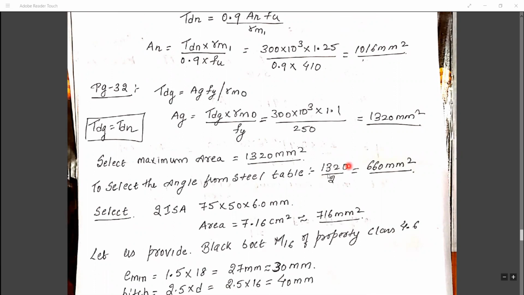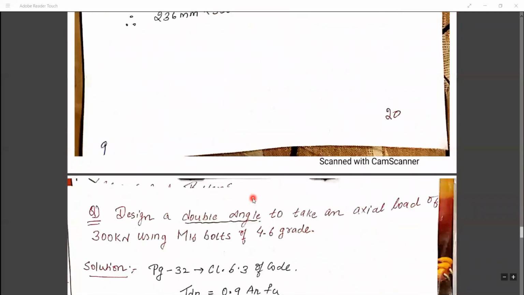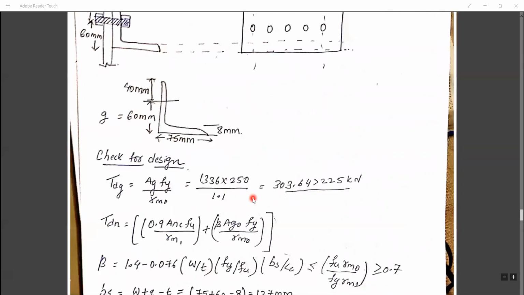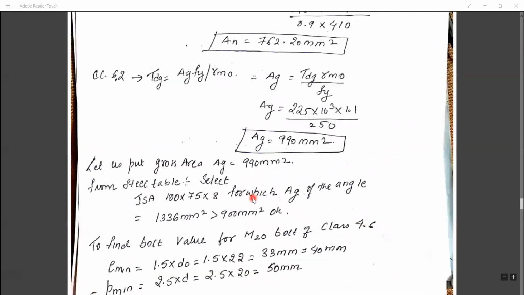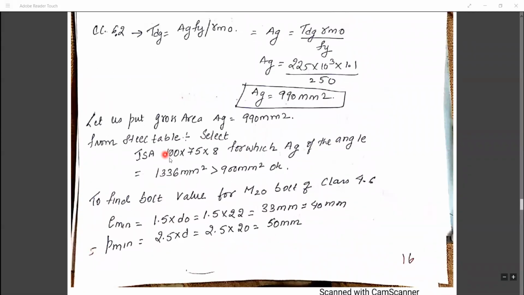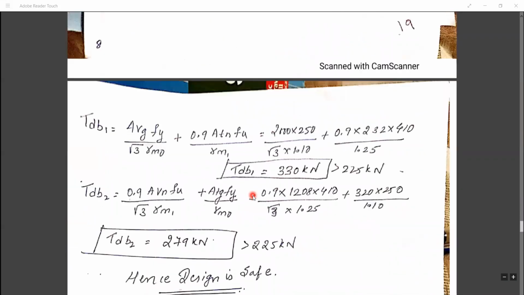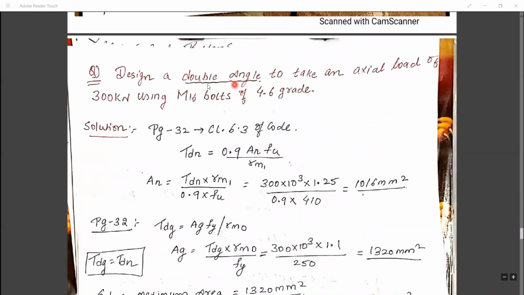What we solved in the last problem, I took only the maximum gross area that had come, and then I just selected the section. But in this case, the situation is different. It is clearly asking in the question to design a double angle.